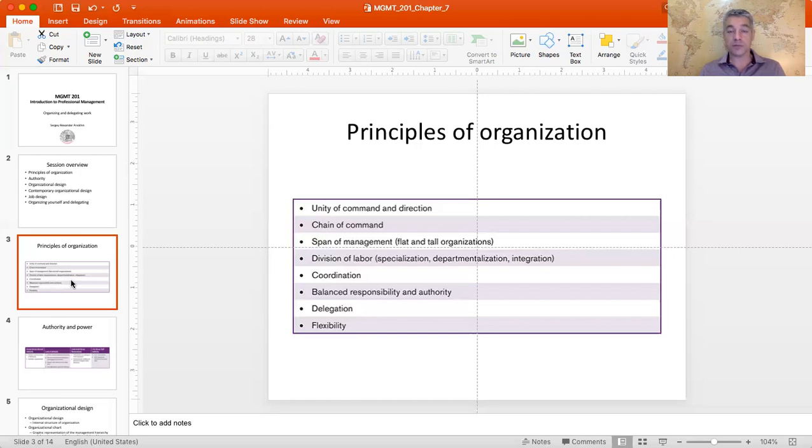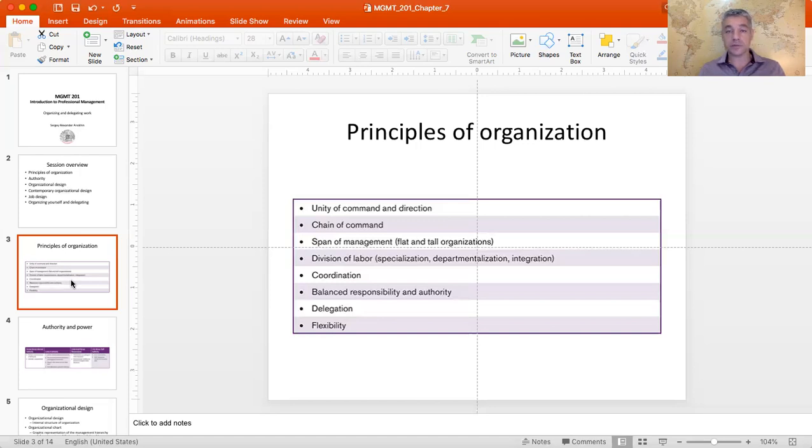When the span of management is narrow, and you have just a few people reporting to their managers, the organization structure will necessarily be tall. So I want you to remember those labels. Flat organizations and tall organizations basically describe how vertically developed the organizational structure is going to be.